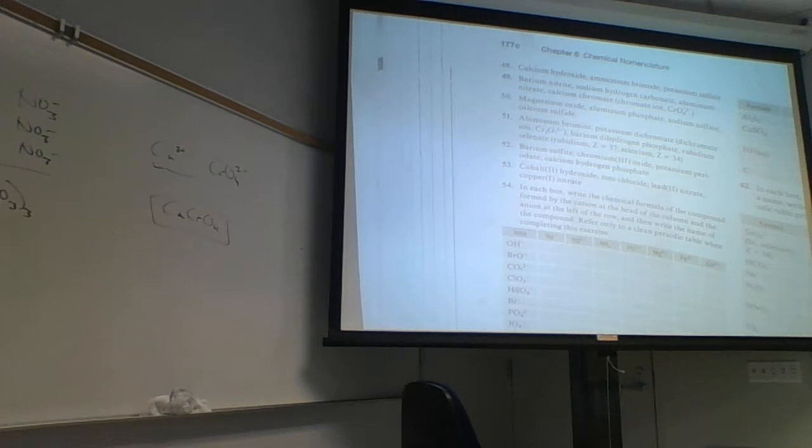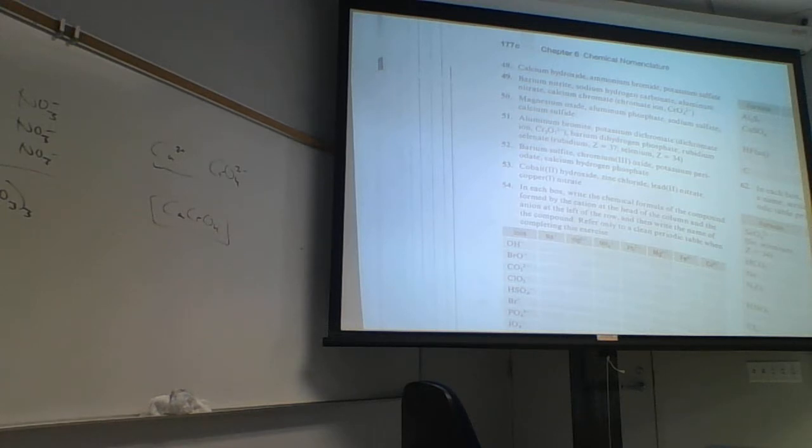Chromium 6 has to be bonded to oxygens. Remember I showed you the shot of sulfate, how the sulfur is bonded to the oxygens? Chromium does the same thing. So the only way you can get chromium in this +6 is to bond it to something. Let me just show you what it looks like. And hence, this is why I have the distinction.